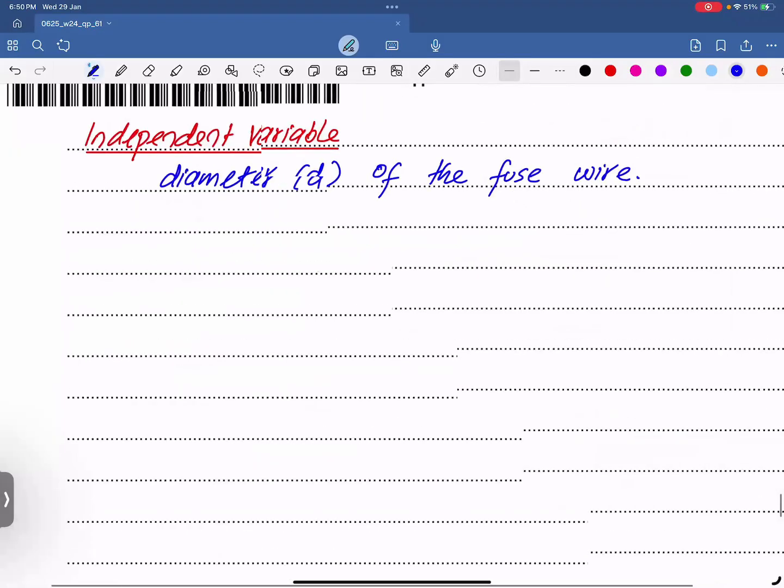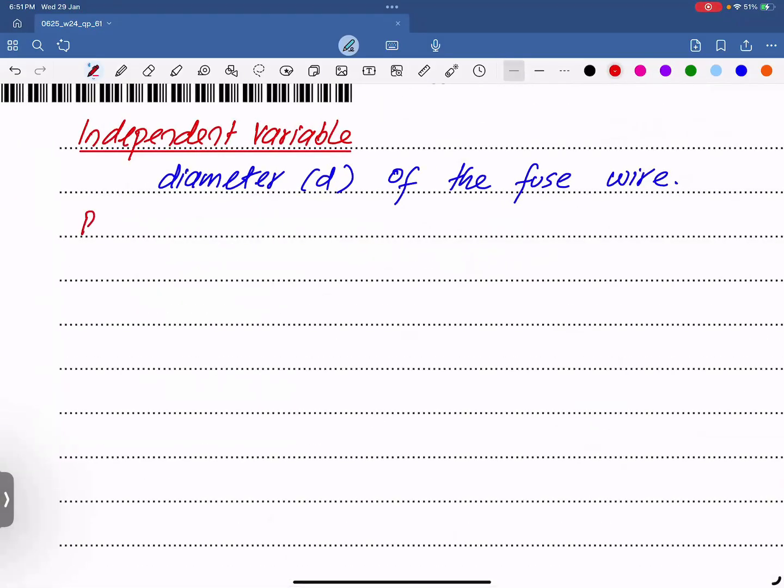So here you write the subheading as procedure. So you start with the wire. So diameter is independent variable.